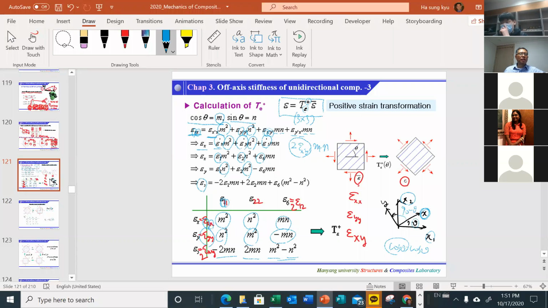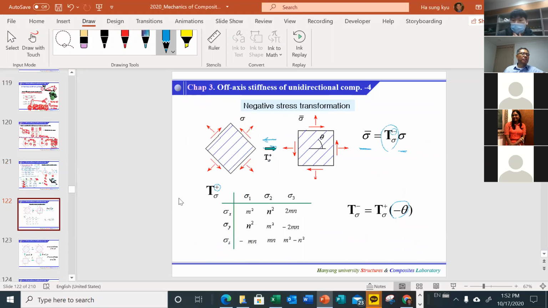So this one and that, we have a strain in this direction, and then we would like to obtain the strain and positive rotations. That's why we have a positive rotation strain. So these are the strain positive directions. And this is the transformation for the sigma, positive direction. And this is also a transformation matrix.